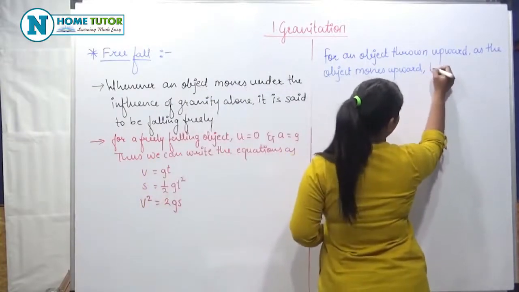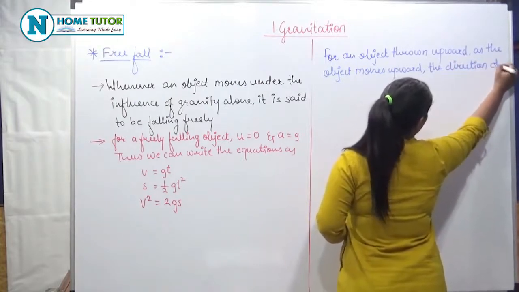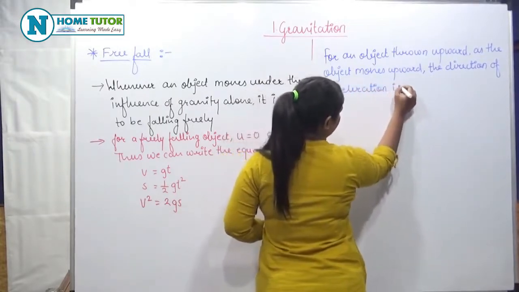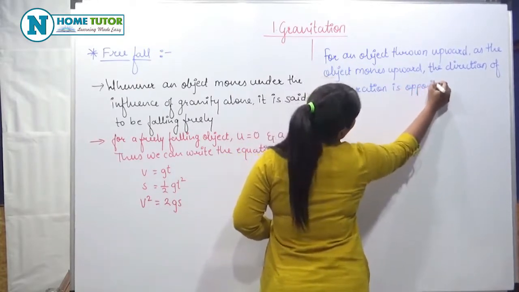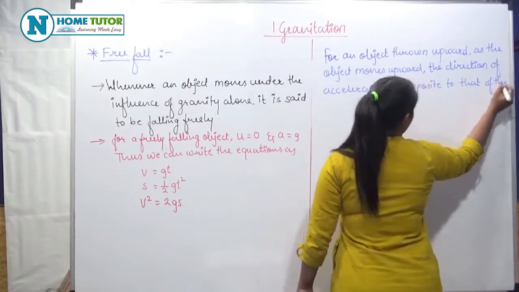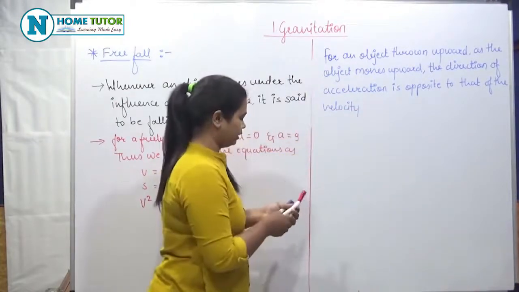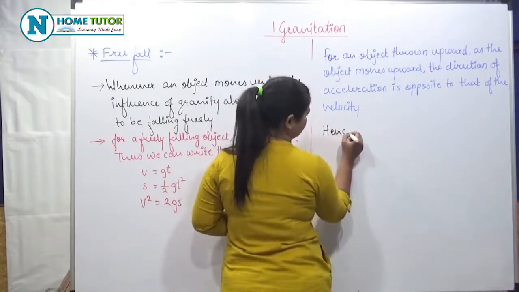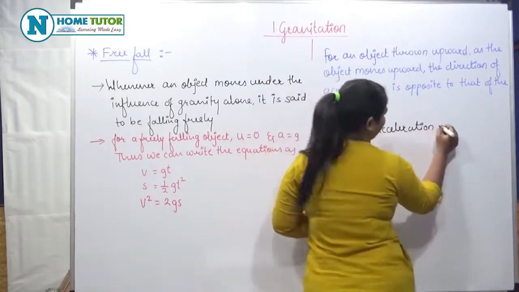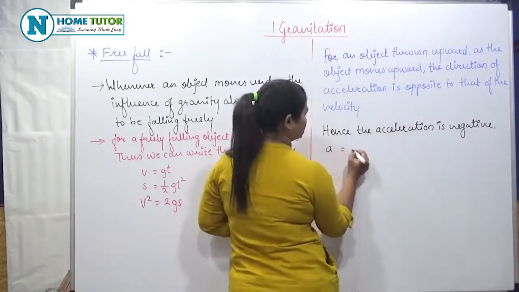As the object moves upward, the direction of acceleration is opposite to that of the velocity, and hence the acceleration is negative. That is, a is equal to minus g.